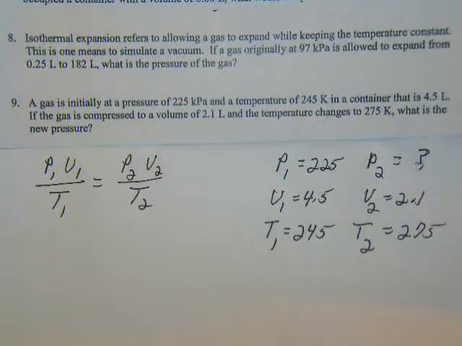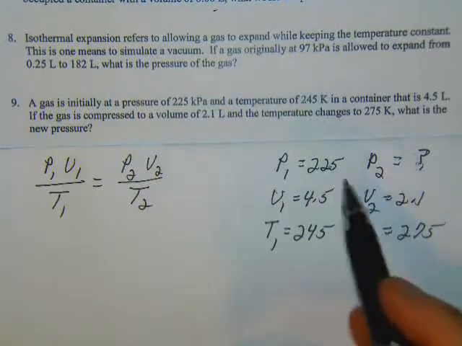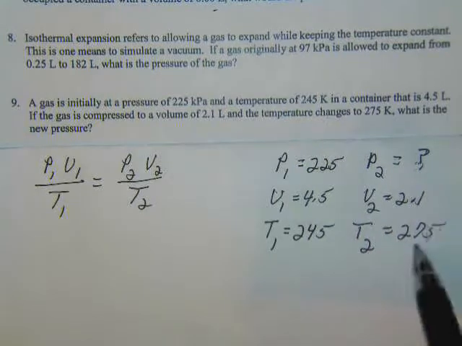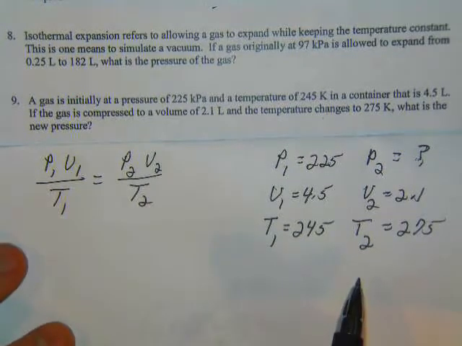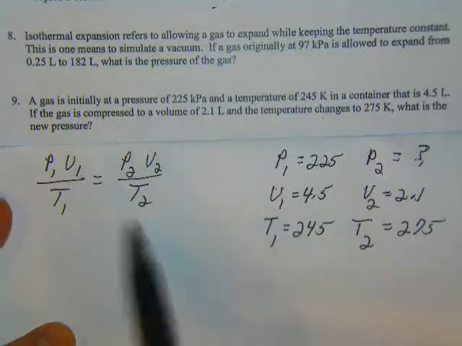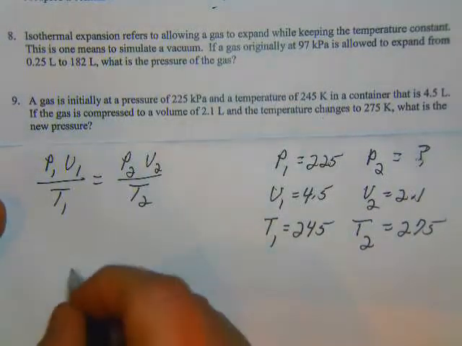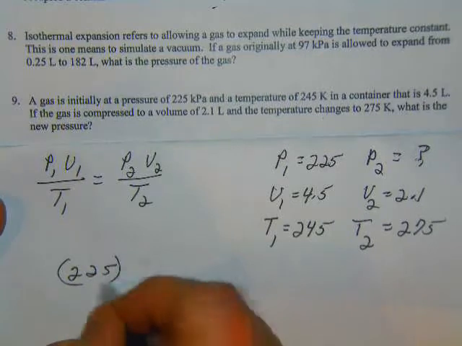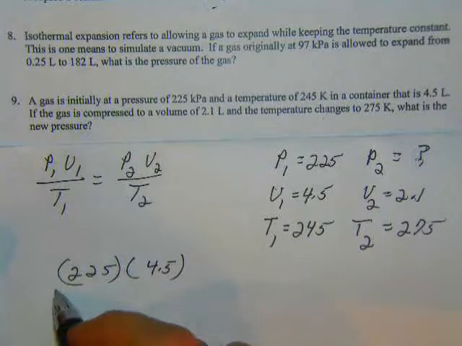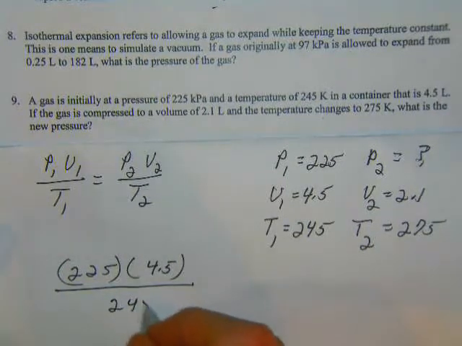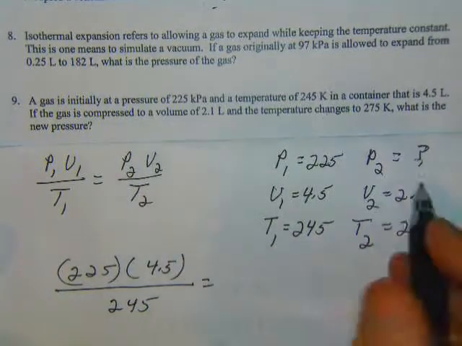So we've got 5 of our variables, so we can do the substitution. Before we even do that, let's look at sig figs: 3, 2, 3, 2, 3. So our answer can only have 2 sig figs on that one. Since it's the last one, I might carry out some of the mathematical steps. So P1, 225, V1 is 4.5, divided by temperature 1, 245, equals, we don't know what P2 is.